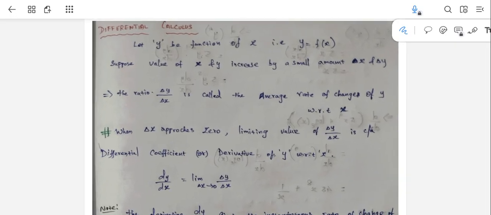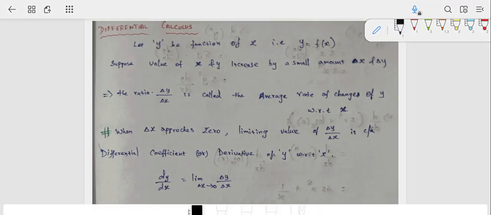So what is differentiation? That will be our first question. So first of all, to understand that, let us consider y is a function of x.